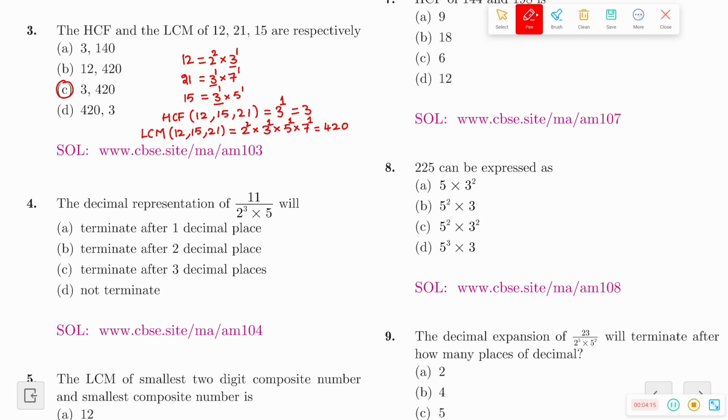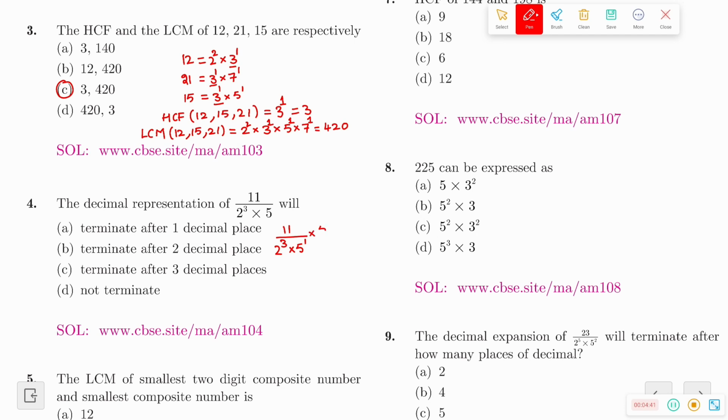Now question number 4. We have to find out after how many places it terminates. Whenever a question comes like this, see, it is 11 by 2 power 3 into 5 power 1. In the denominator we have to make it 10 powers to know after how many decimals it terminates. Here 2 power 3 is already there, but 5 power only 1 is there.